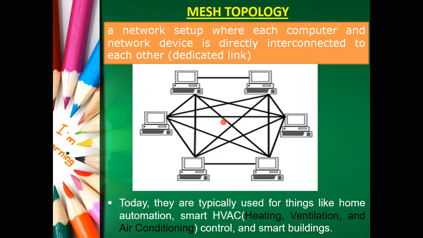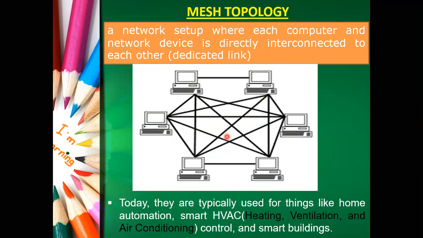There, not each computer is connected to every other computer, but in mesh topology, each computer must be connected to the other computers which are part of the network, and the path is usually a dedicated path. So this type of layout is complex as compared to other topologies we have discussed.